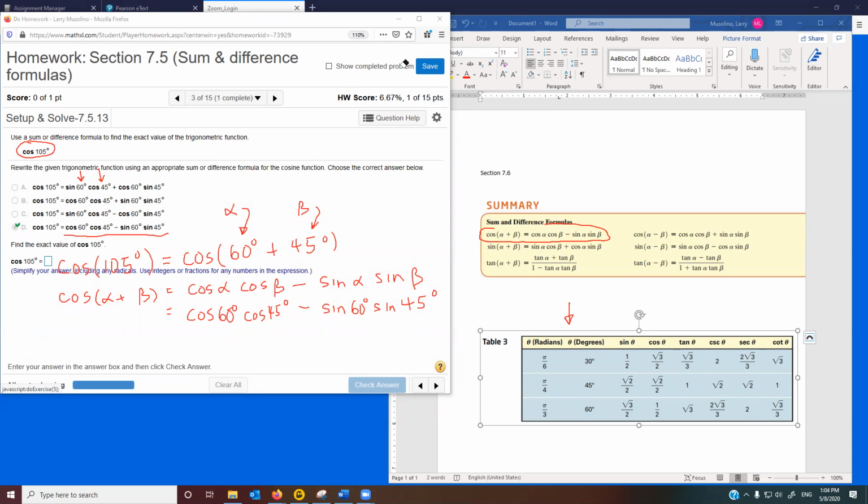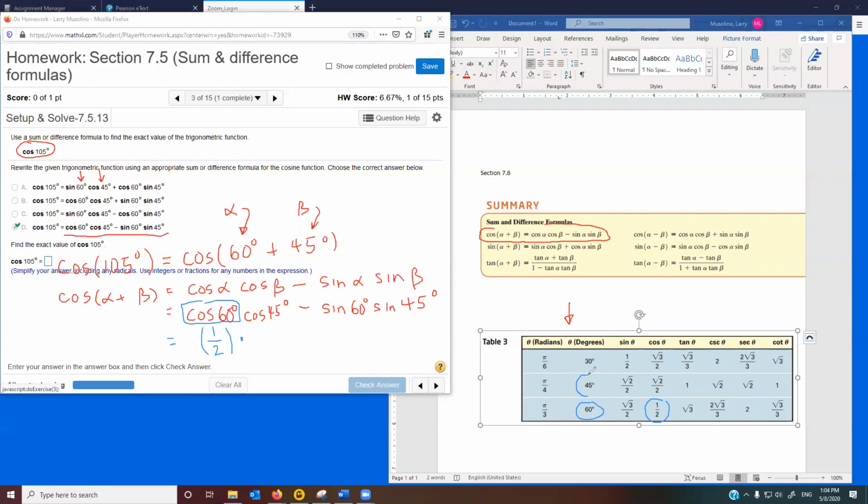All right, so here's what I'm going to do. Let me go and look up cosine 60 degrees. And let me come over to this table. Here's 60 degrees. It looks like the cosine of 60 is 1/2. So this is 1/2. Let me look up cosine 45 degrees.